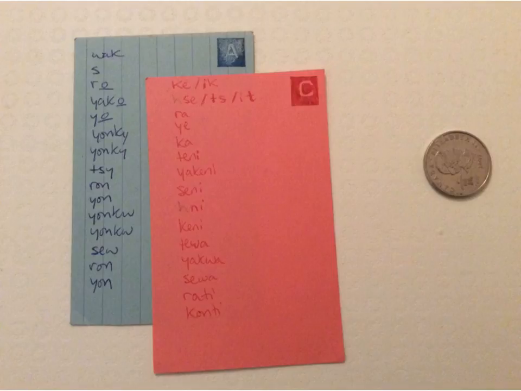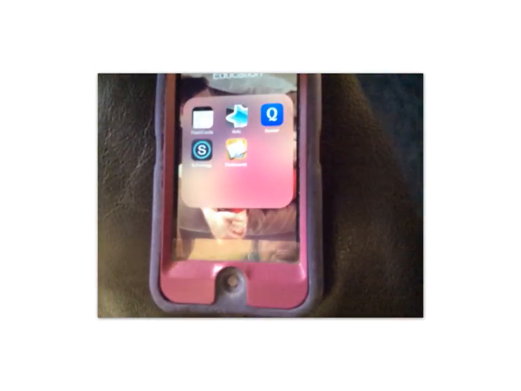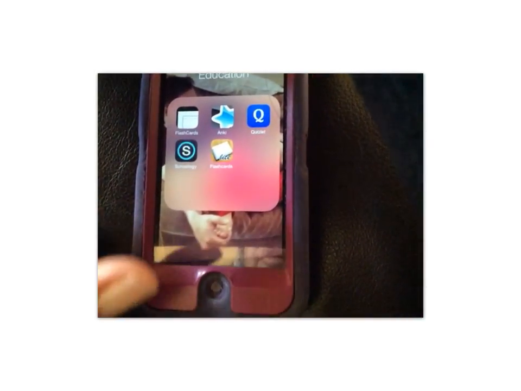And that way I could pull them out whenever I was waiting in line or waiting for my food to come at a restaurant. And if I was studying and I forgot one of my prefixes, I could quickly refer to them, either by looking at the card in my wallet, or I also made digital flashcards of those cards.